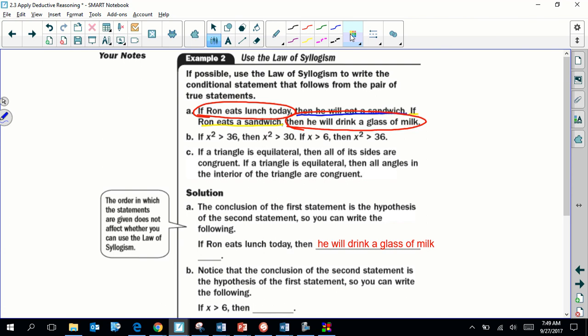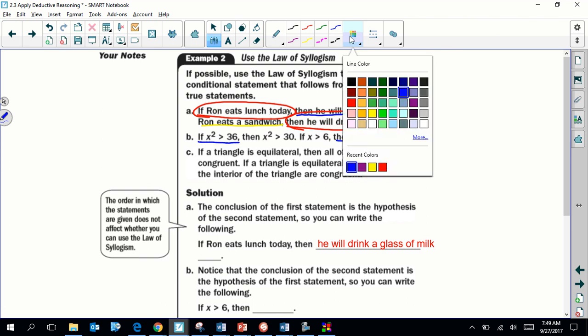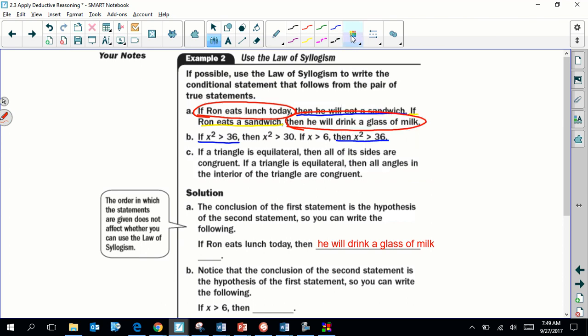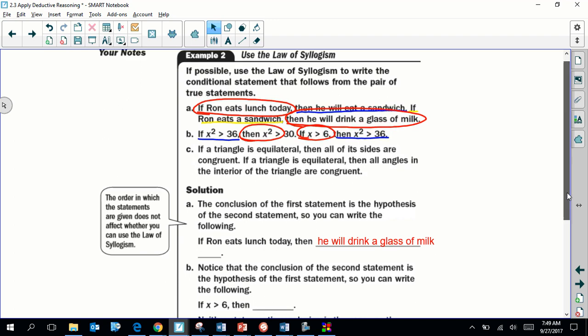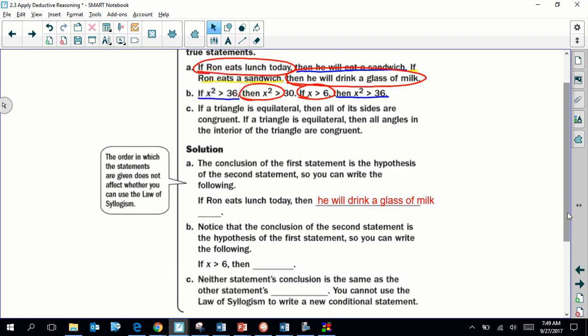Because the conclusion of this statement and the hypothesis of this statement match, I can take this hypothesis and this conclusion and create a new statement. Down here at the bottom for part B, that's exactly what we see: if x is greater than 6, then x squared is greater than 30.